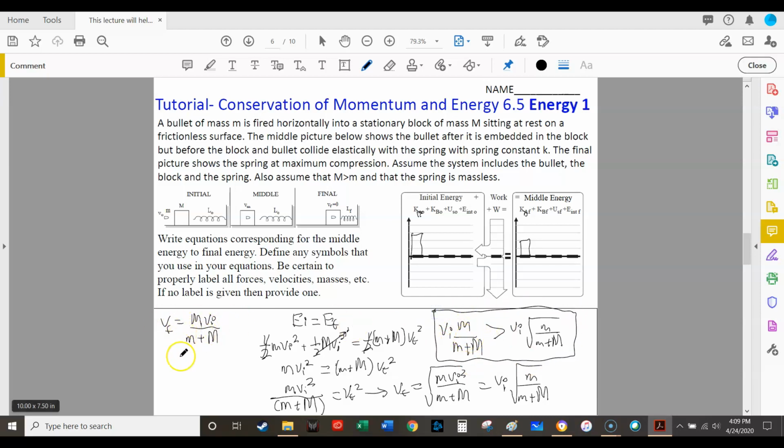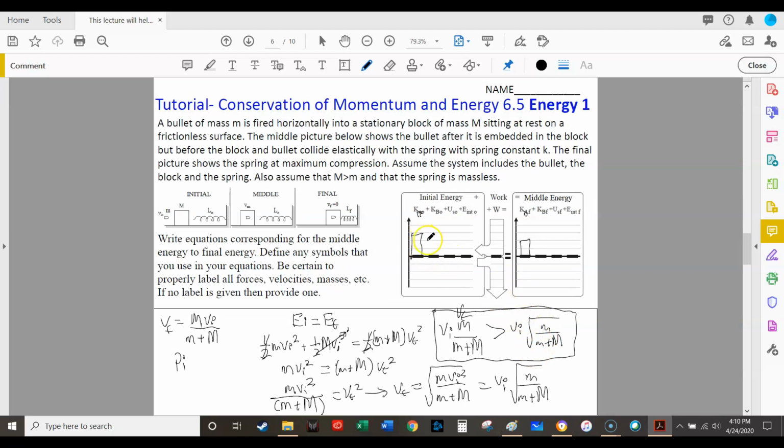The one obtained from the momentum method has more final velocity than this one.